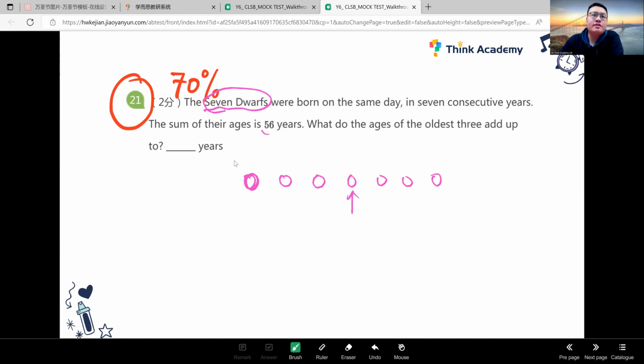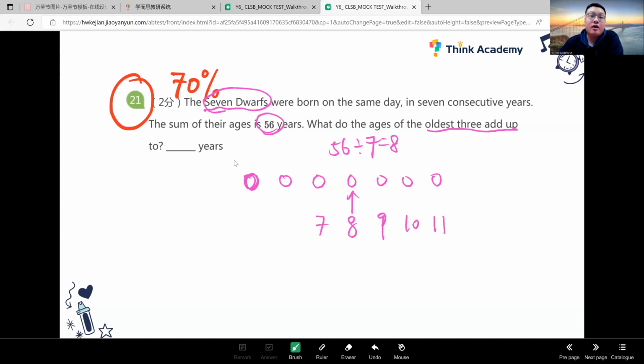So for the middle one, you know the sum. How do you get the middle one? You do 56 divided by 7, which is 8. So this one will be 8. And the question, what do the ages of the oldest 3 add up to? And then you just keep on adding 1 since it says consecutive.